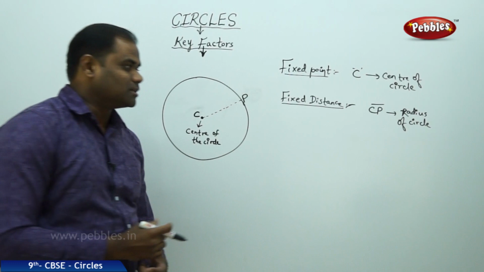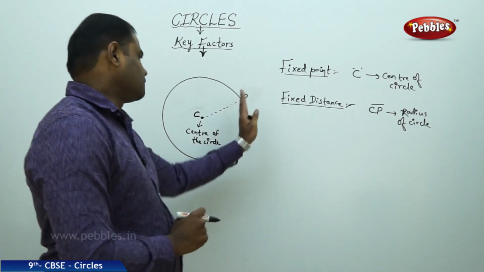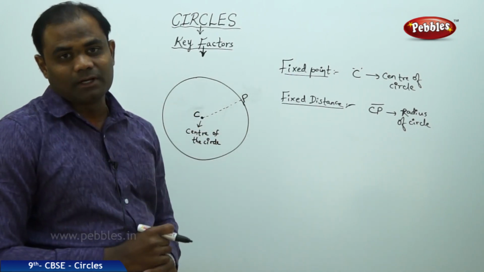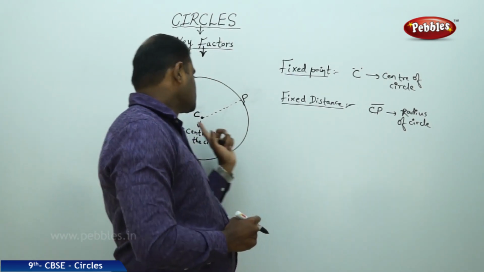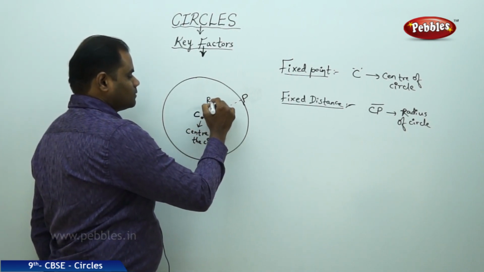So this is given a special name, radius of the circle, as it defines the curvature. Therefore, the distance CP is called radius of the circle.